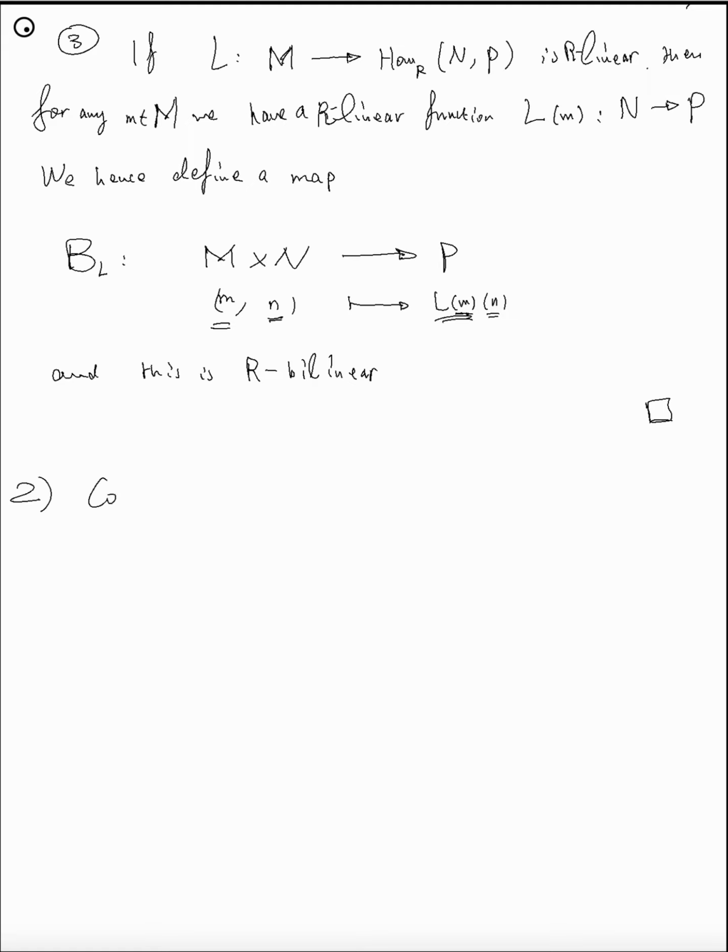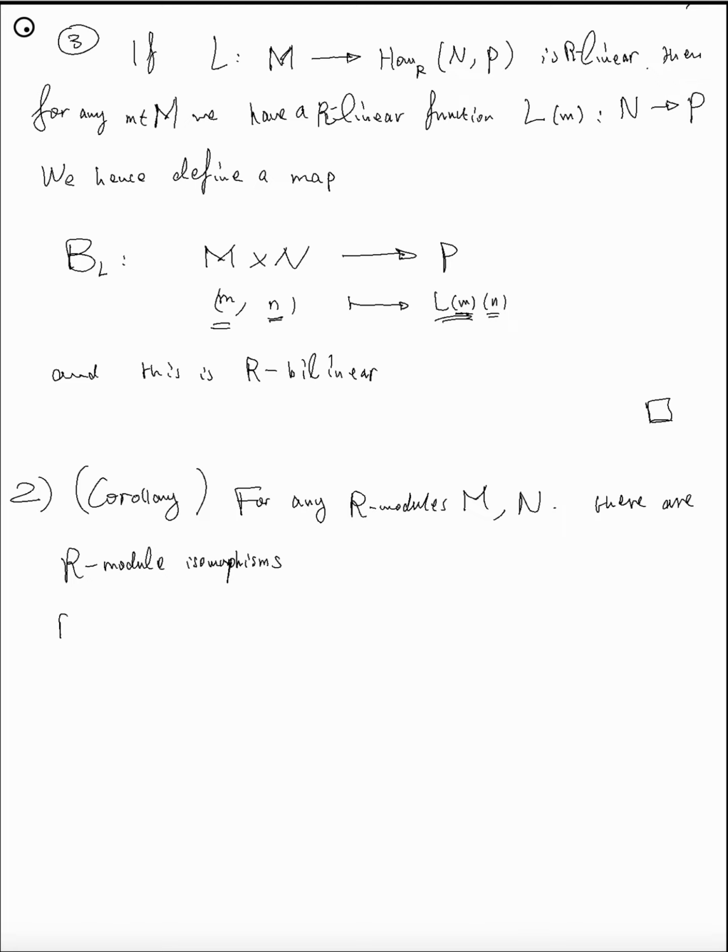Then the second part of the exercise is a corollary. For any R-modules M and N, there is an R-module isomorphism.